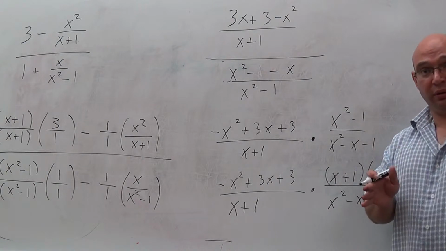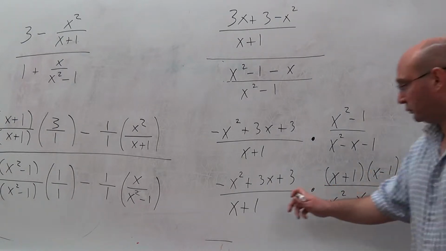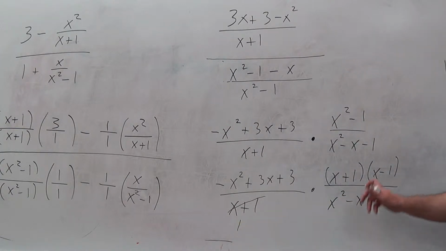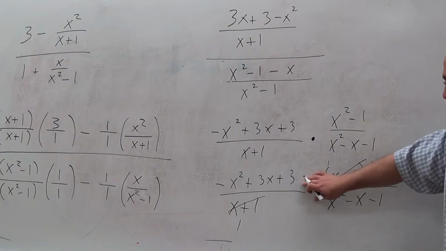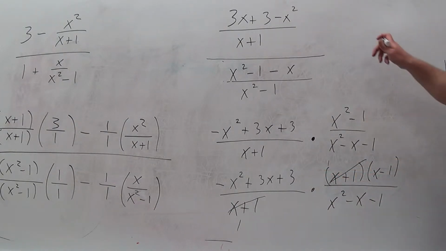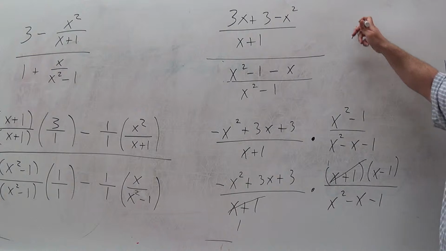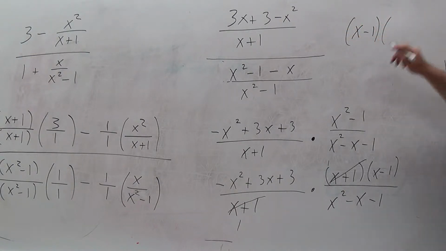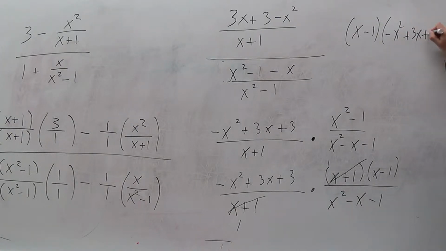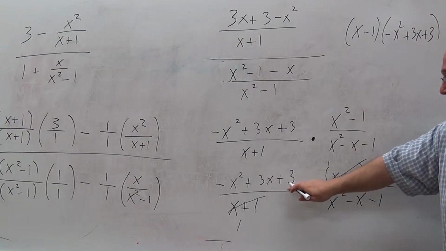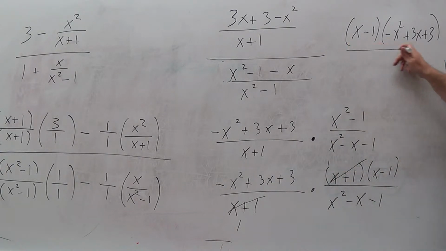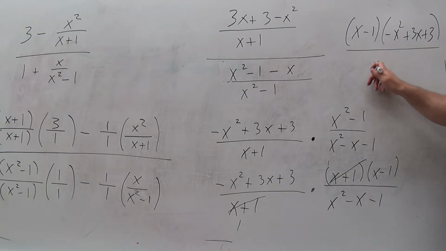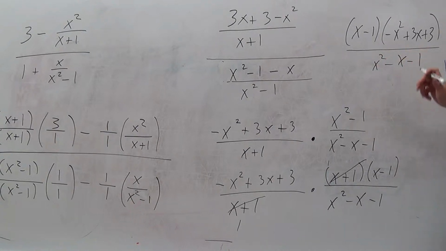If you don't know the factoring, make sure you handle that up. Now, I reduce this to 1. I reduce this to 1. So I'm left with this times that. So I'm left with x minus 1 times my negative x squared plus 3x plus 3, and I'm really hoping you can see this up here as part of the video, over our x squared minus x minus 1. Okay? Good to go?